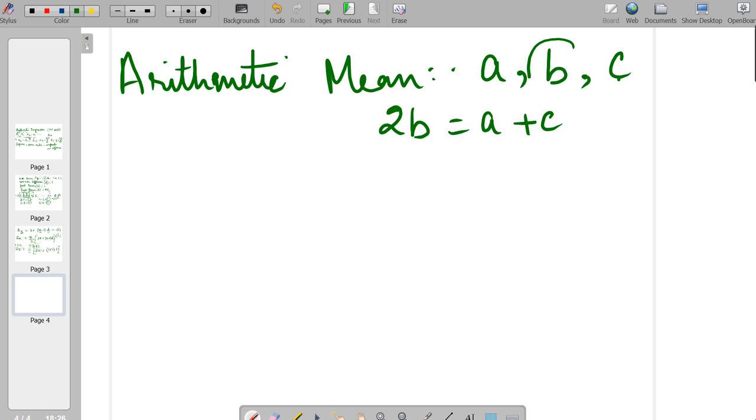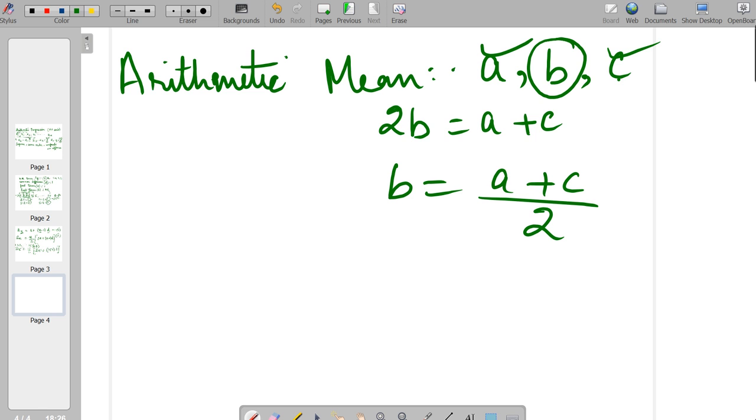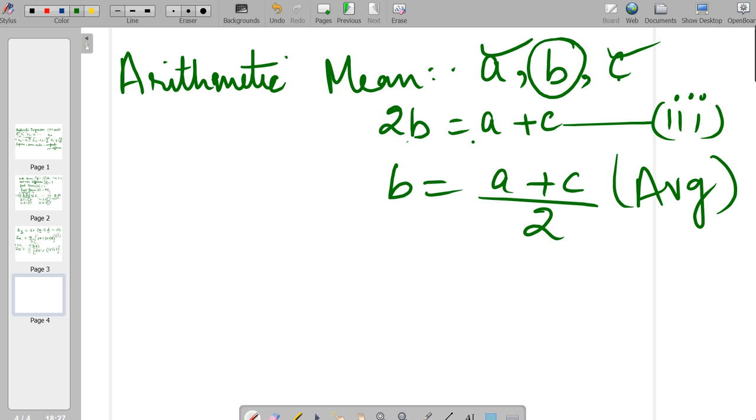Or you can say B is equal to A plus C by 2, just like the way you get the average. So your arithmetic mean is 2b equals a plus c. This is your equation number 3. So these three will be utilized in your arithmetic progression.